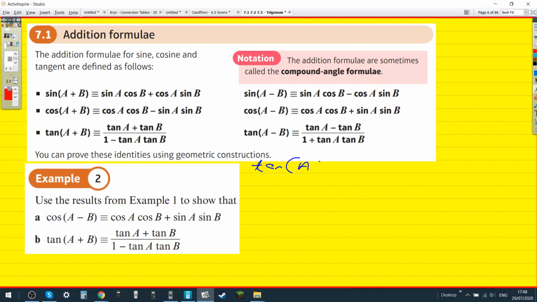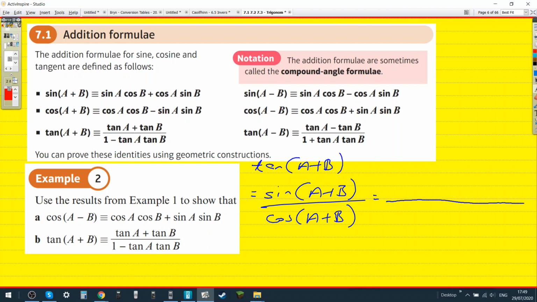So if you had to prove tan A plus B, we just used sine A plus B and cos A plus B. Sine A plus B is sine A cos B plus cos A sine B. That goes there.